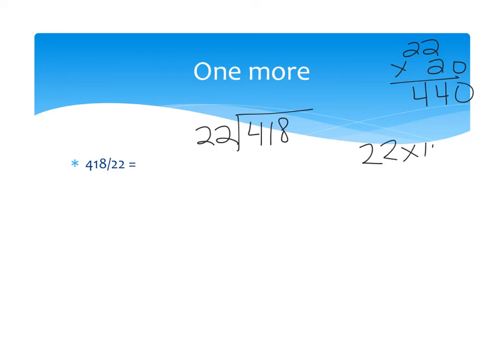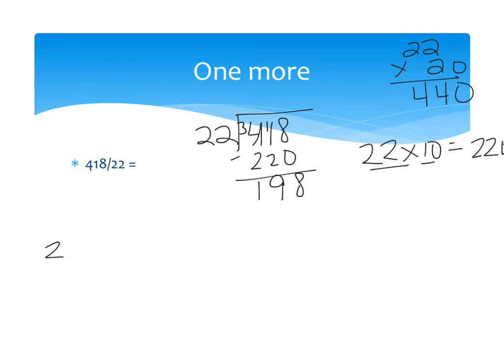22 times 10 equals 220. So minus 220. That leaves 198. Now, I can't do 22 times 10 again because I know that's too big. Let's see what 22 times 9 is. 198.